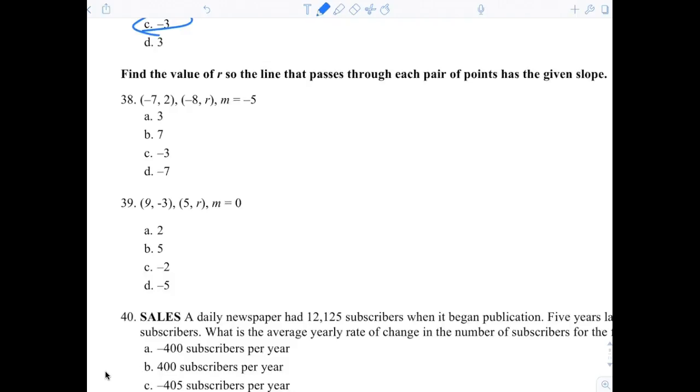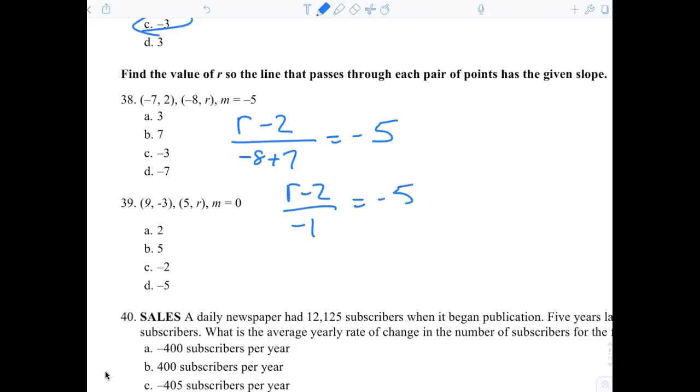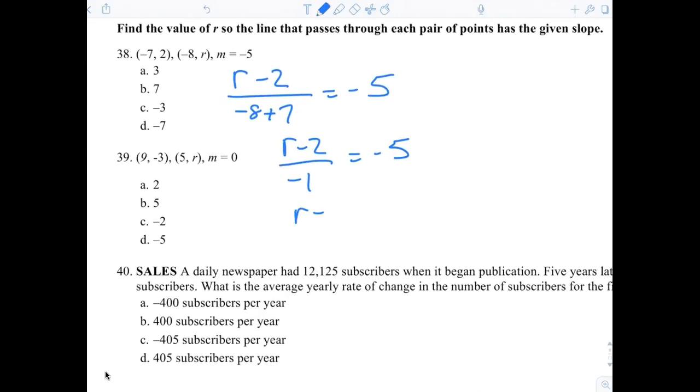So (r minus 2) over (-8 plus 7) equals -5. You okay with that? So (r minus 2) over -1 equals -5, right? So r minus 2 equals 5. So r must have been what? 7. Everybody good with that?